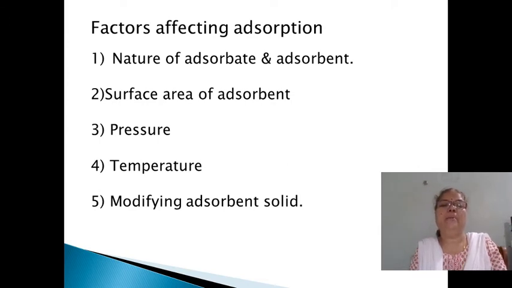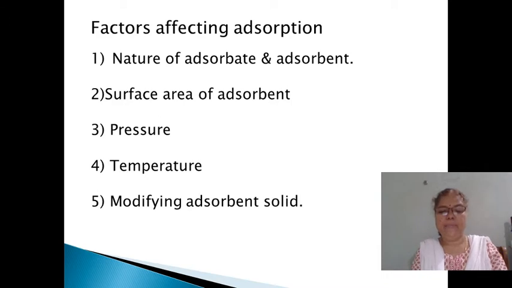That means the adsorption of H2 gas is selective. It selects nickel more than alumina. This is the first factor, how the nature of adsorbate and adsorbent is important in the phenomenon of adsorption.